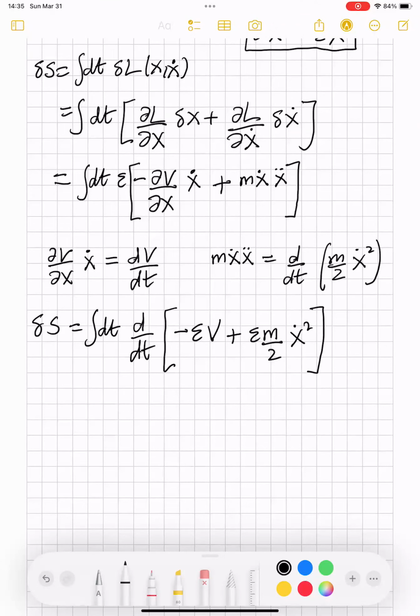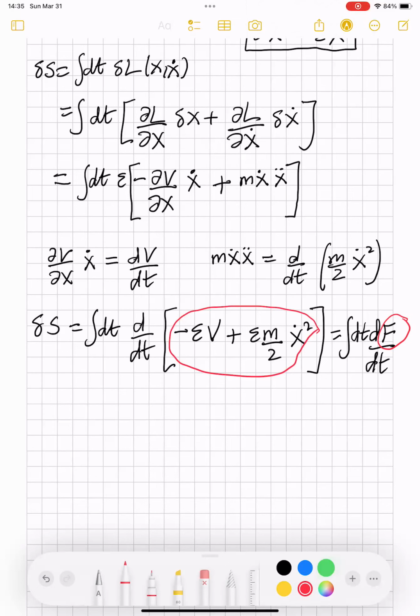And this is indeed equal to a total derivative. So in fact, if we want to read off what F is, the thing being differentiated, that's what F is, okay?